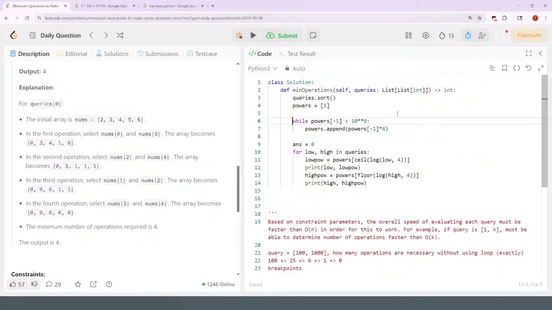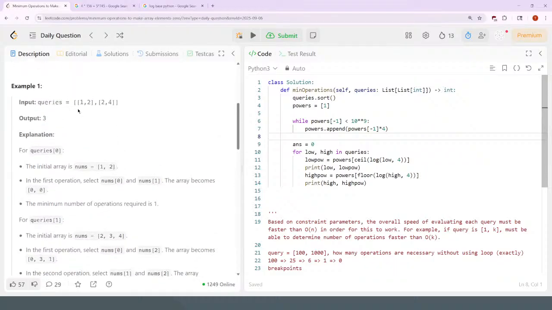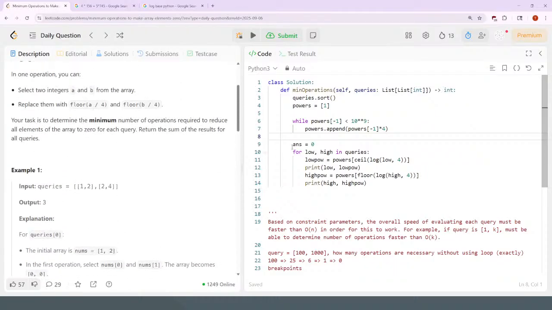So assuming I have a full bucket for certain ranges of values between the powers of 4, then I'm going to calculate how many operations it should take. Or basically half operations, where each operation actually does 2 floors and just taking account of 1 floor.